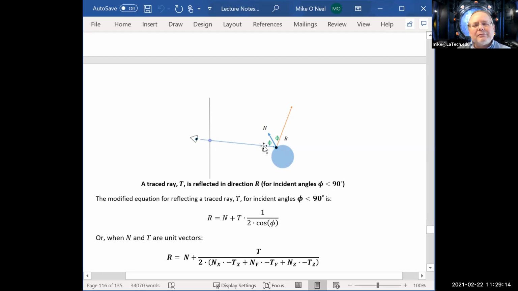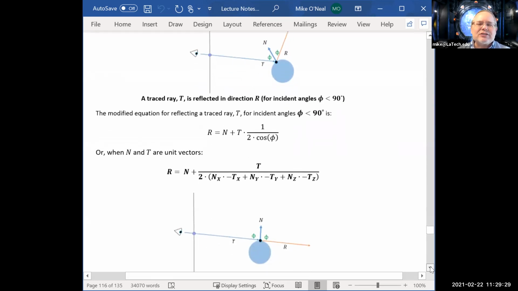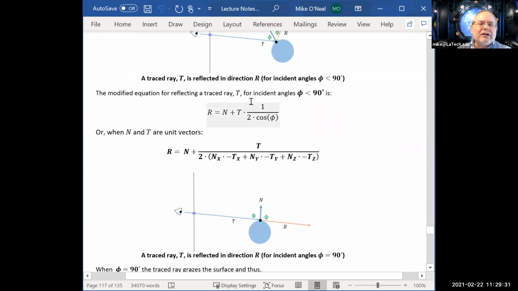So the incoming direction of this vector is backwards from the lighting vector, and because of that, some signs swap. But that's the only thing that's going to happen. It's exactly the equations that we looked at before.